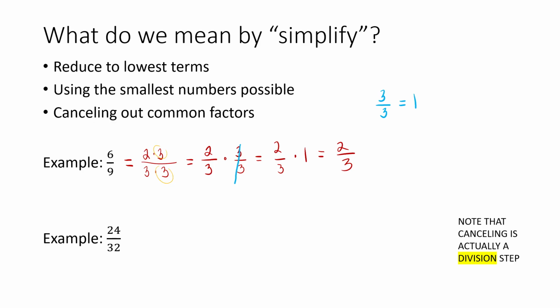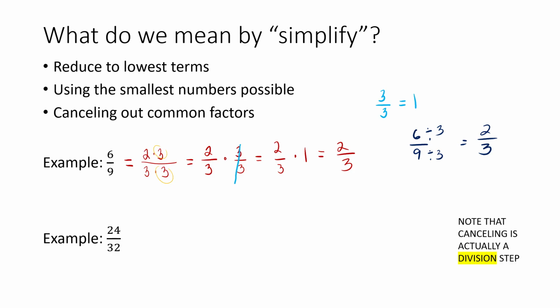So what people will do a lot is write it like this. They might do something like this and get to the 2/3 that way. They'll say, well, I'm just going to divide the numerator and denominator both by 3.